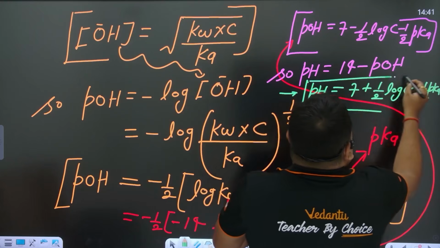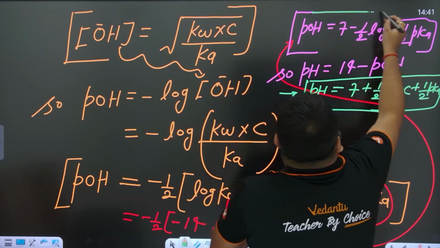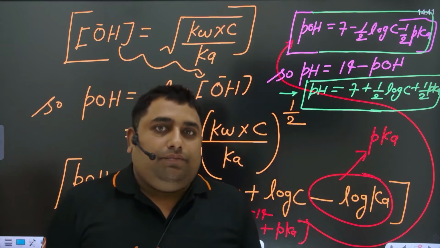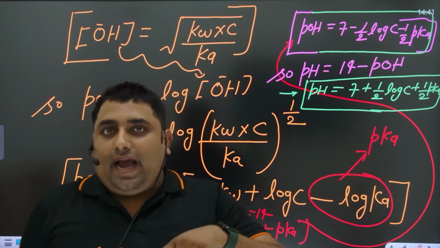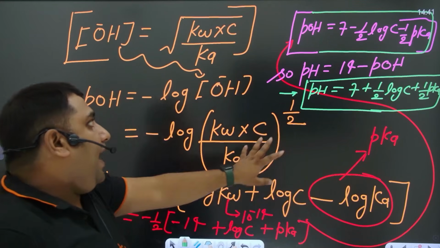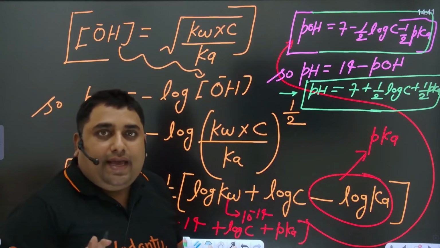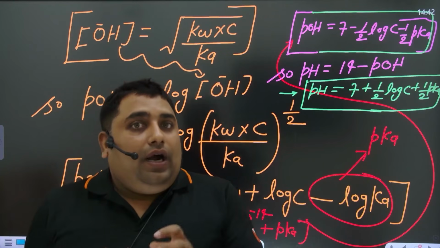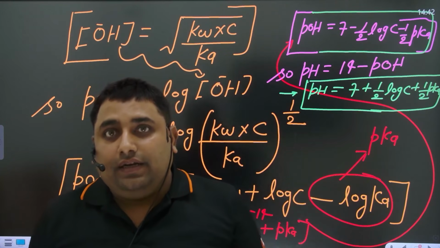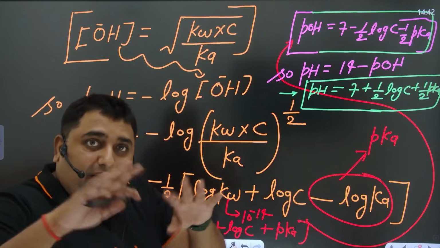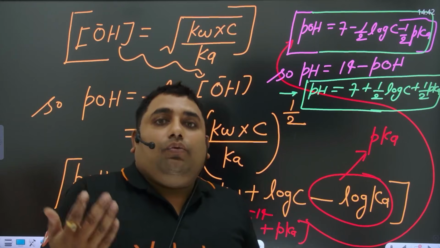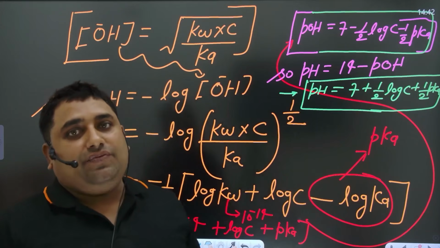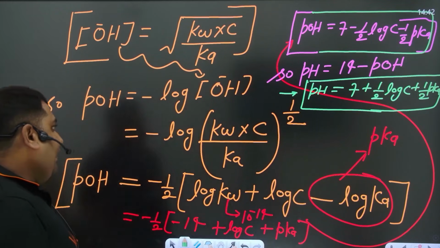So in this way you get the relation to calculate pH and pOH of the given salt solution, basically a salt in which anionic hydrolysis is taking place. In that case, you are able to calculate pH and pOH of the solution this way, and you are also able to calculate the degree of hydrolysis and the hydrolysis constant. So I have given the complete explained way to calculate the h value, Kh value, pH value, pOH value, Ka value and Kb value, right?